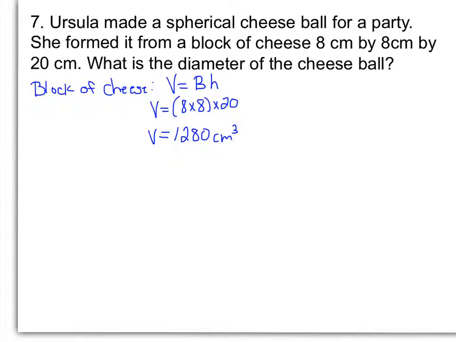Then we can find out what the diameter is. Taking our volume for a sphere, 4/3 pi times radius cubed, our volume is 1,280. That's equal to 4/3 pi times radius cubed.